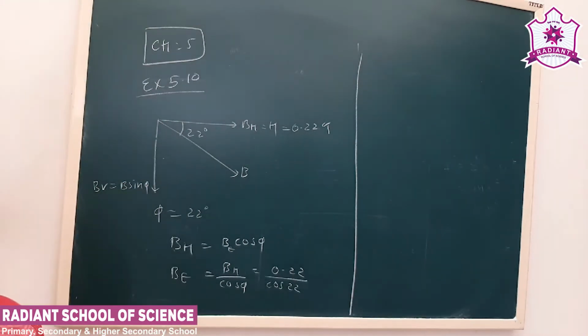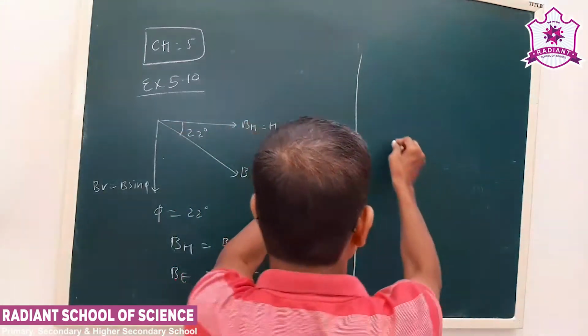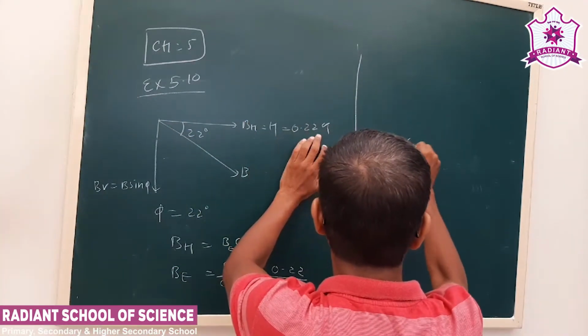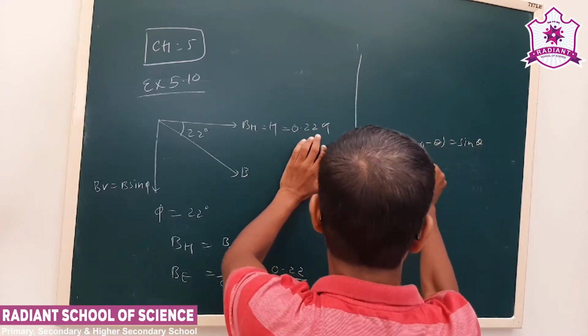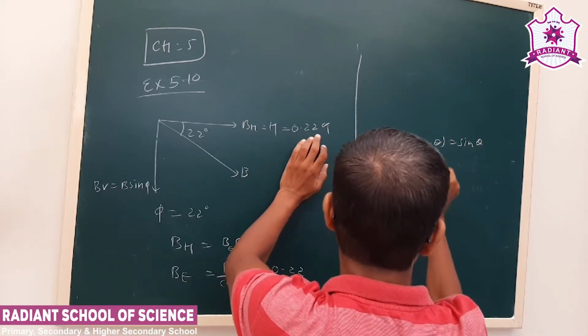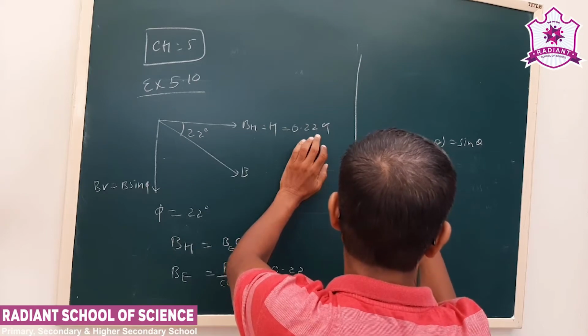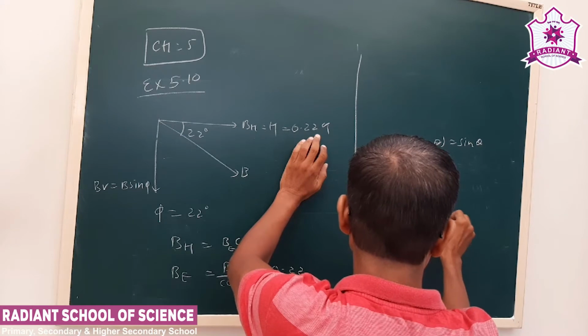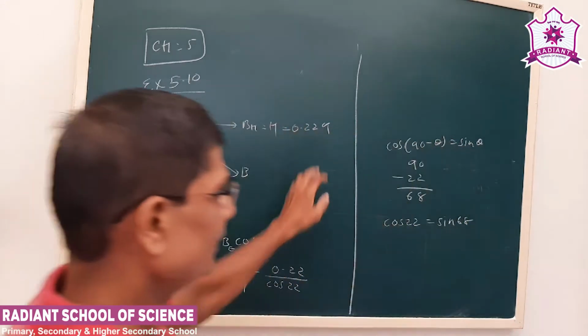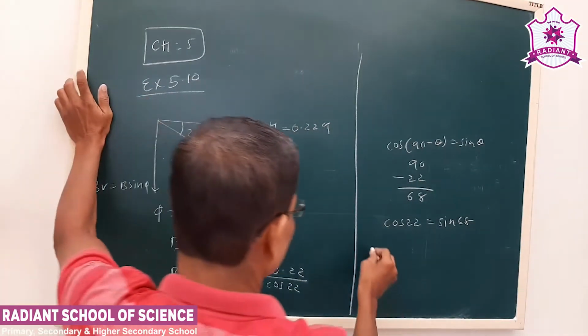Generally, when we use a log table, we have a table of sine. So we have to remember cos of 90 minus theta. So cos 22 is sin 68, and so we can get the value.